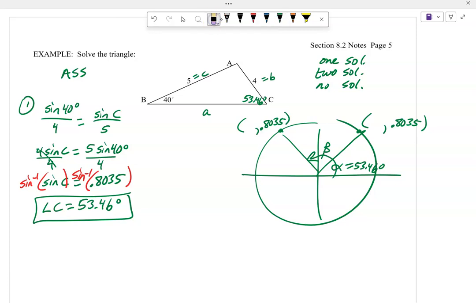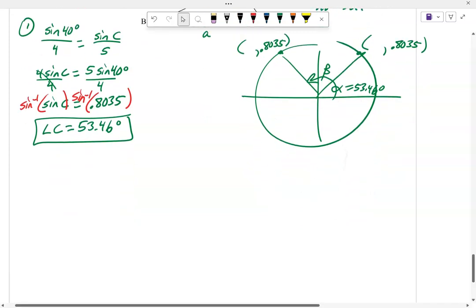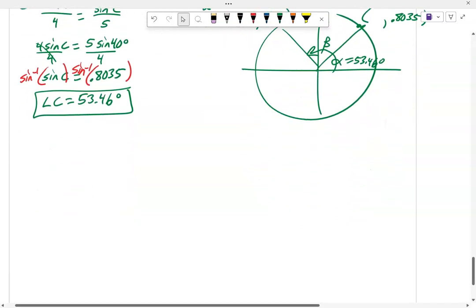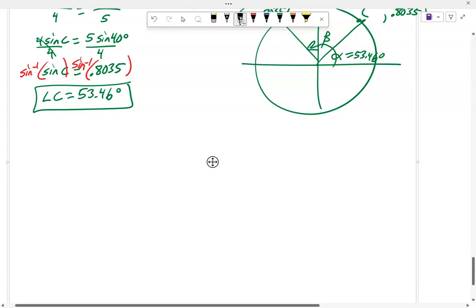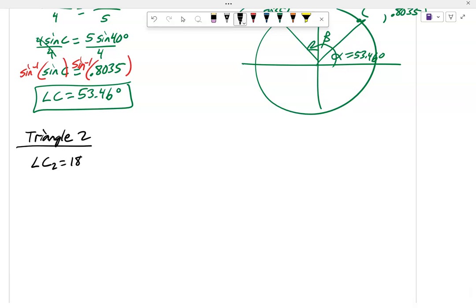So the other option, triangle 2, if I was to consider triangle 2, I'm going to call that angle C2, would be 180 minus 53.46 degrees. That's the beta right here, right? And so that would be 126.54.